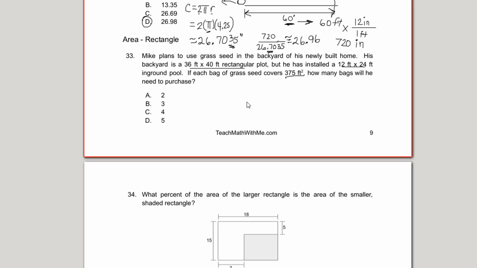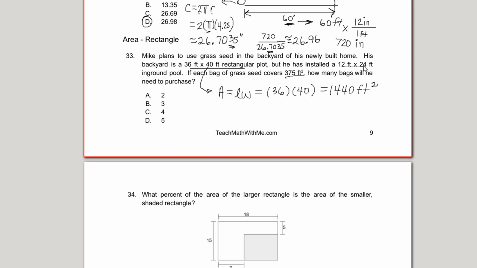So we need the area of the grassy area. Let's first look at the full size of the backyard, which is this 36 by 40. The area of a rectangle is equal to length times width, and we're given that to be 36 times 40. Plug that into your calculator, and we get 1440 square feet.